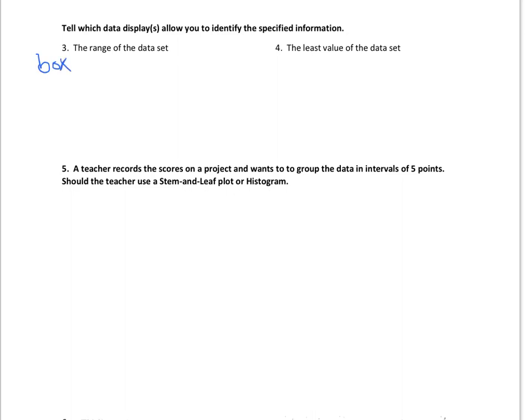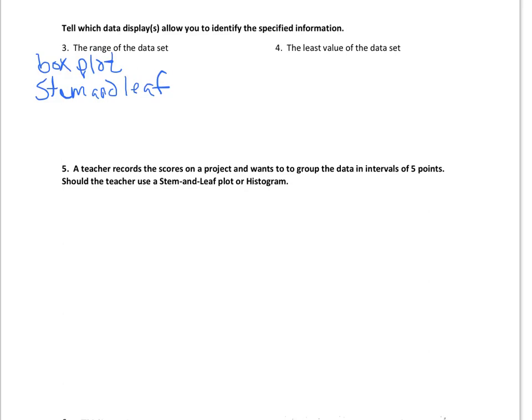So box plot. And then scatter plot would work. Scatter plot would probably work as well. But more so than that, I would say the other would be the stem and leaf plot.